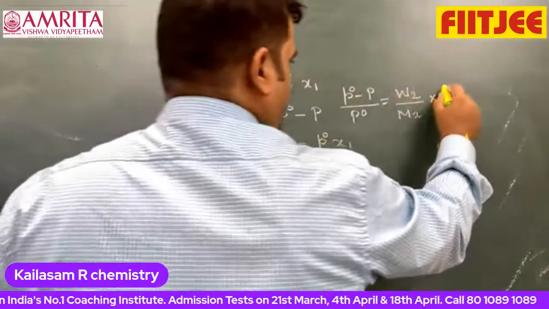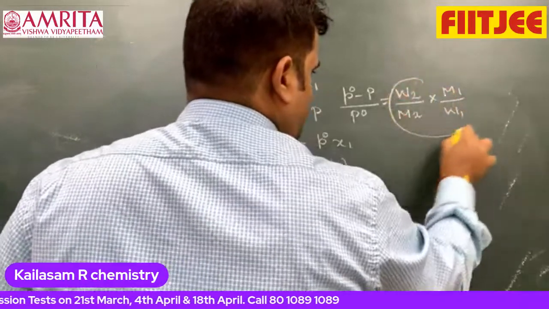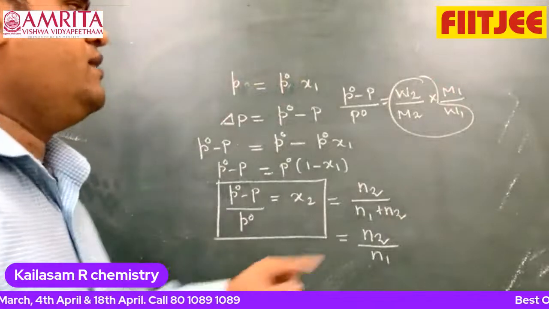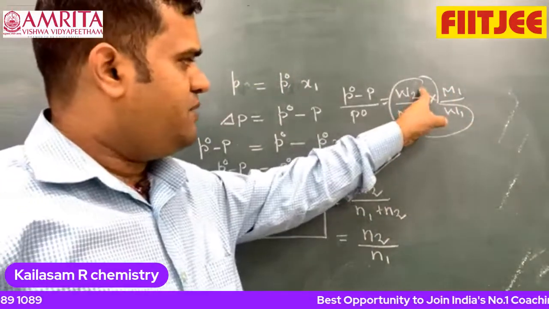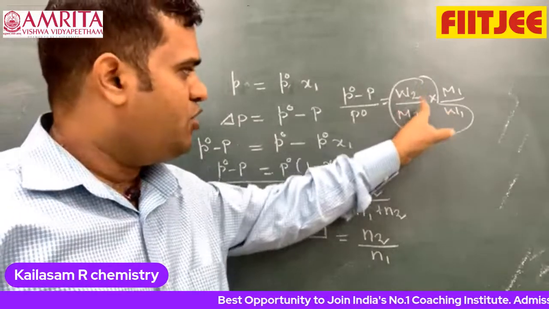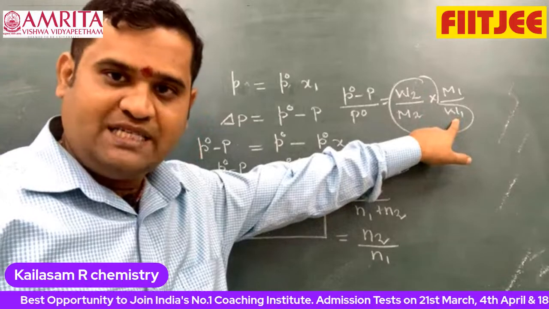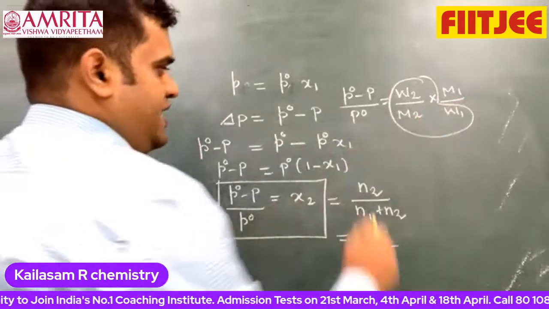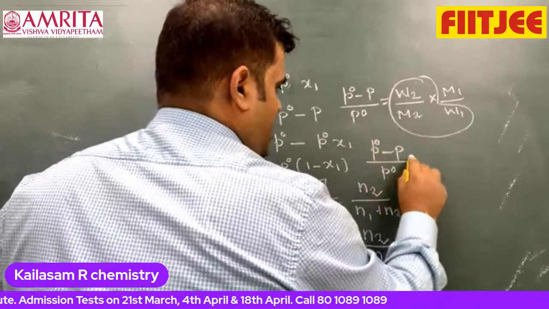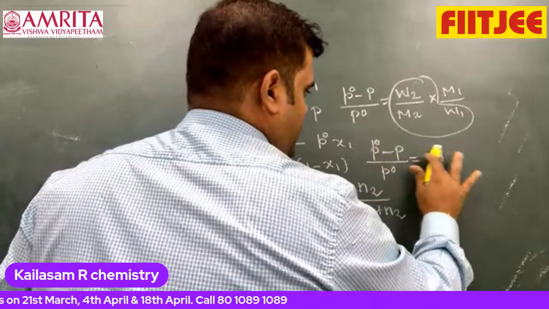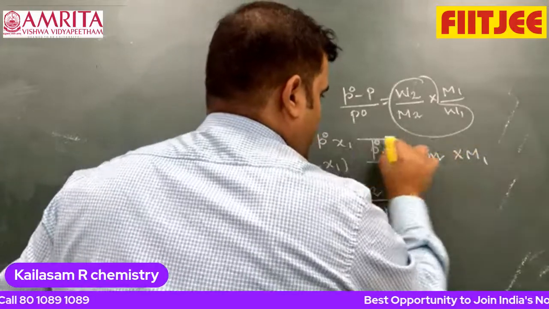This term, weight per molecular weight per kg of solvent, is the number of moles of solute present in 1 kg of solvent, called molality. Therefore, P0 minus P by P0 is equal to m into M1.